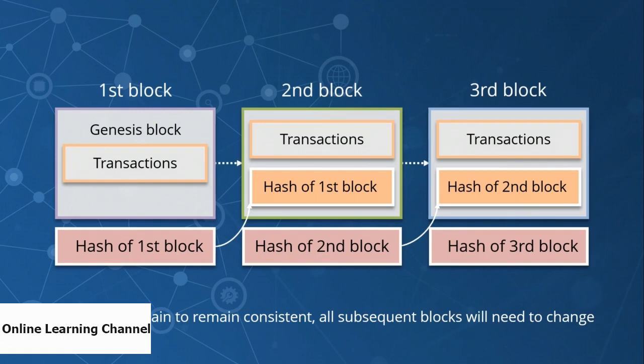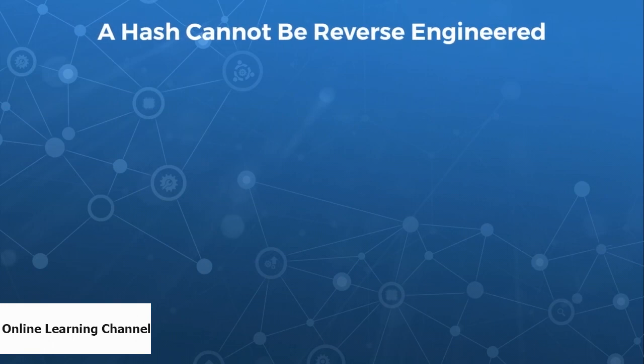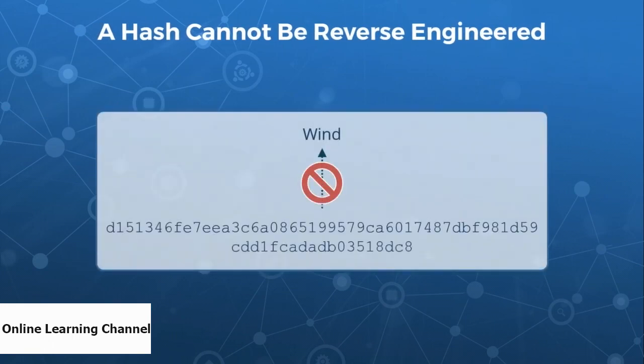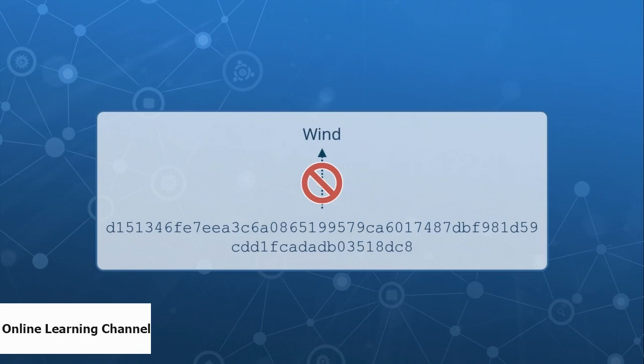And this is something which is theoretically possible since you can have hash collisions. However, we have also learned that it is impossible to reverse engineer a hash. So even though you know exactly what output you're looking for, for all practical purposes, it is impossible for you to figure out a different input which will produce that same output.